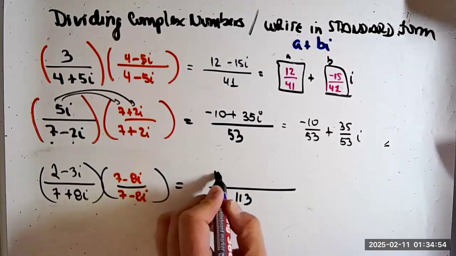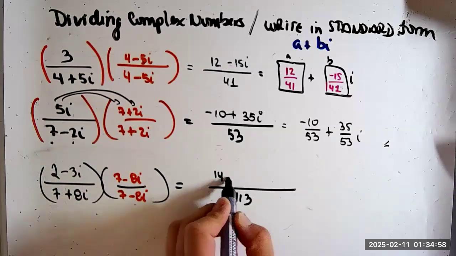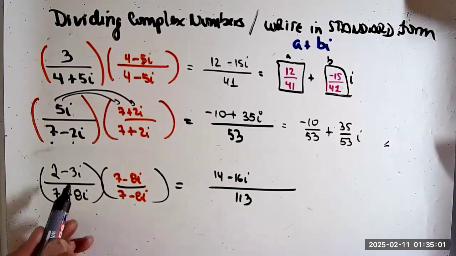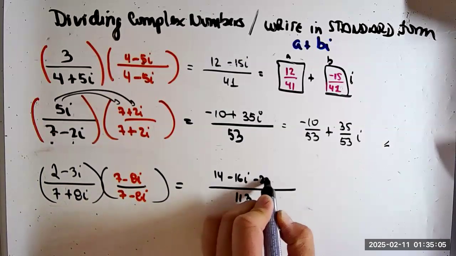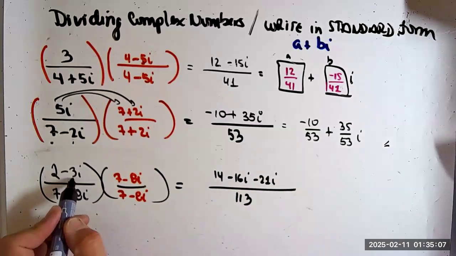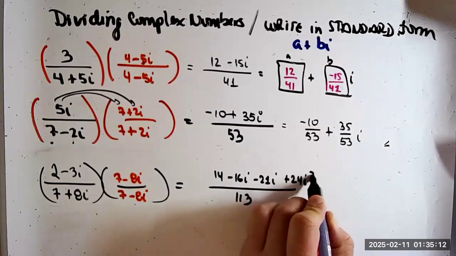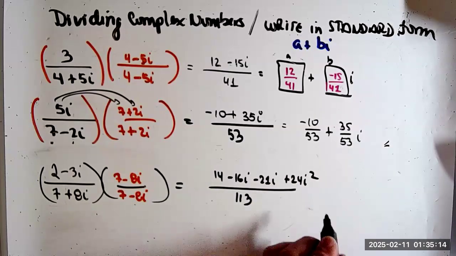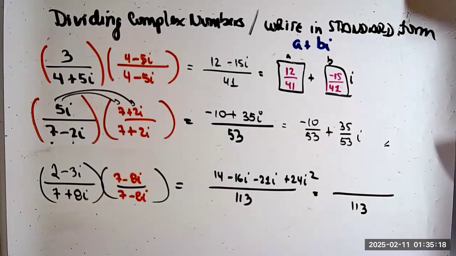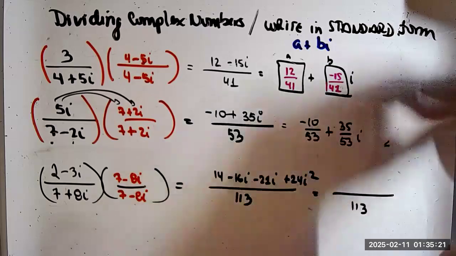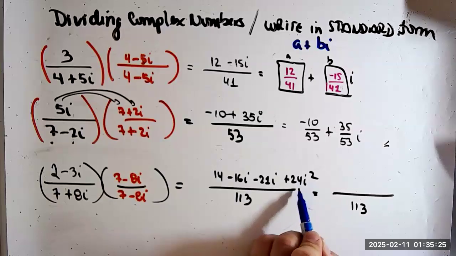7 times 2, that will be 14. 2 times negative 8, minus 16i. Negative 3i times 7, minus 21i. Minus 3i times minus 8i, plus 24i squared. Okay, so let's clean this up a little bit. 113 here. So this guy becomes minus 24.